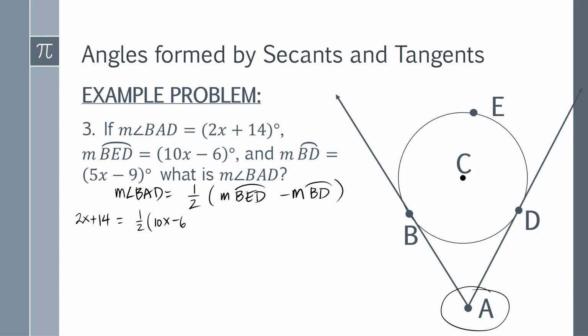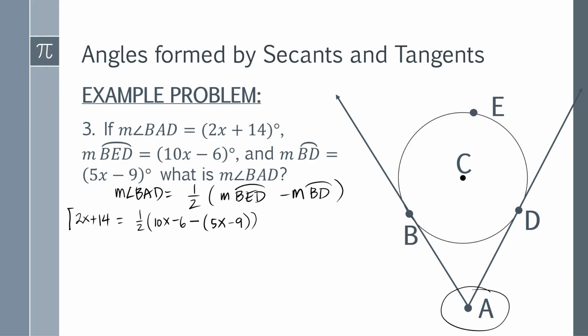A lot of students, remember, have this error: they didn't put a parenthesis after the minus sign. Remember, you have to put a parenthesis after that. Okay? So 10x minus 6 minus, put a parenthesis again, 5x minus 9. Okay? I hope that this is clear to you.